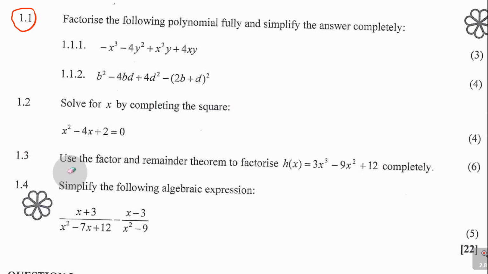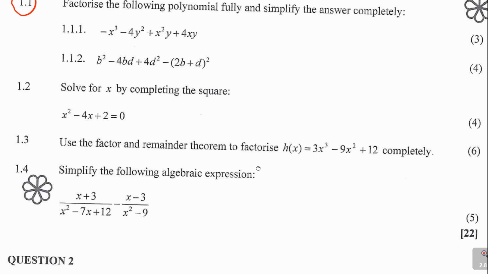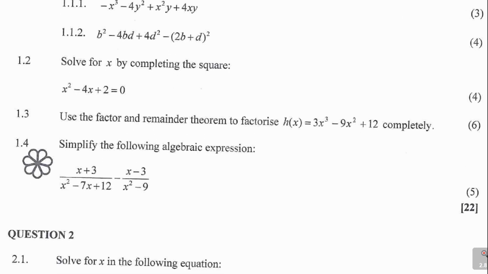And then here, use the factor and remainder theorem to factorize this. Now this is 6 marks. You see why they made it 6 marks is because they have x cubed, they have x squared, but there is no x. So when you're dividing, first they say use the factor theorem and remainder theorem. Now the factor theorem is trial and error. You try 1, you put 1 here, it won't give you a 0.